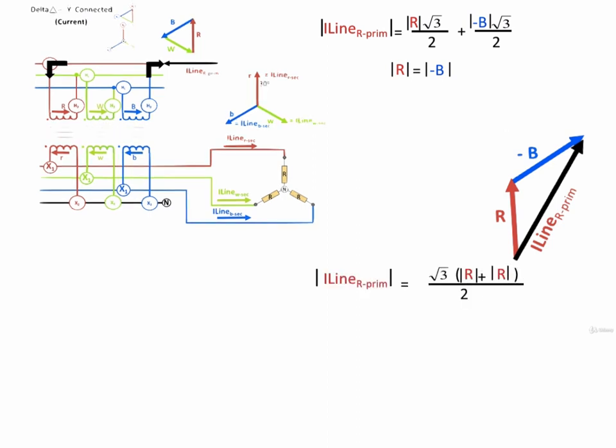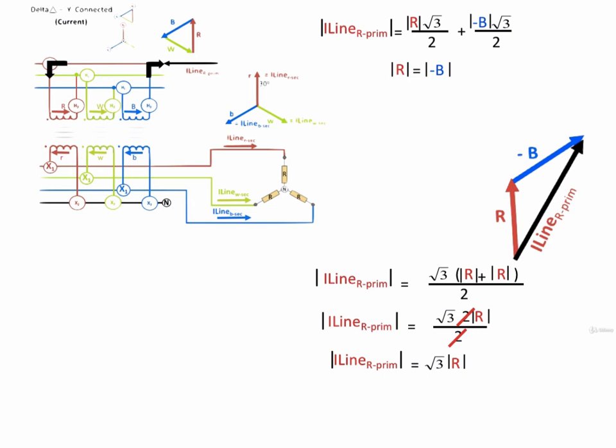Remembering that we are dealing with magnitudes only here, the magnitude of red will be equal to the magnitude of minus blue, which means we can write the magnitude of our red phase line current in terms of the current flowing in the winding of the red phase only, such that the line current of the red phase is equal to root 3 times the quantity, the magnitude R plus the magnitude R, all over 2, which equals root 3 times 2 times the magnitude of R all over 2.